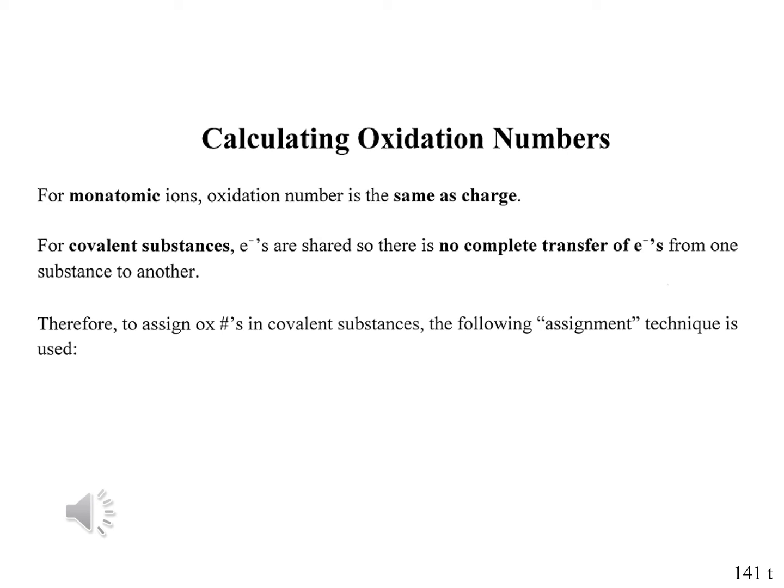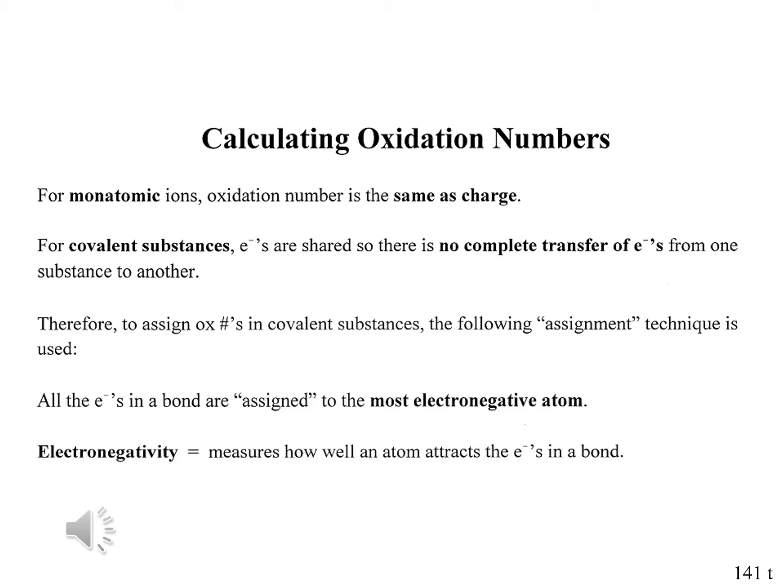So in order to do this, chemists have defined what's called an assignment technique. The rule is that if you want to get an oxidation number for covalent stuff, there's always a bond between the two atoms where the electrons are shared, but one of the two atoms will always be more electronegative than the other.